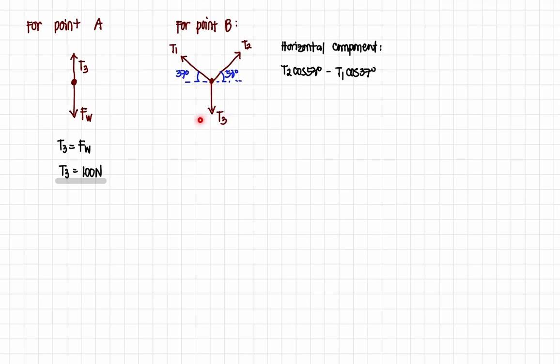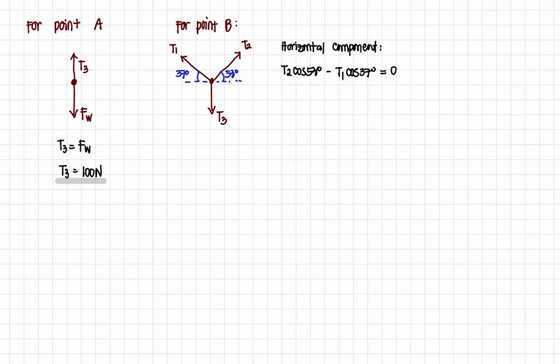Does T3 have a horizontal component? None, no? And since this is not moving, it means that there is zero net force. So from this equation for the horizontal component, we're able to come up with an equation that relates T2 and T1. This gives us a relationship now for T2 and T1.